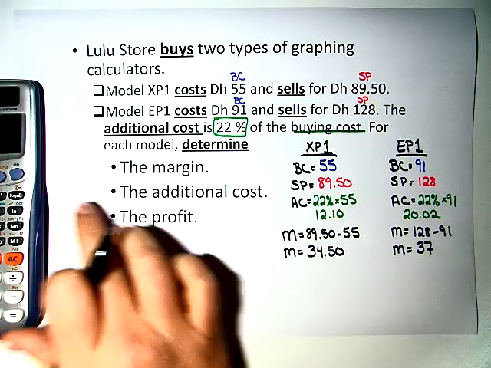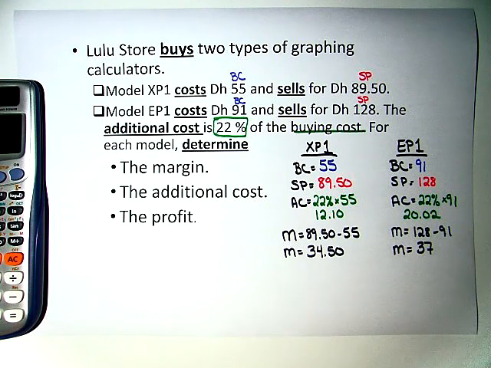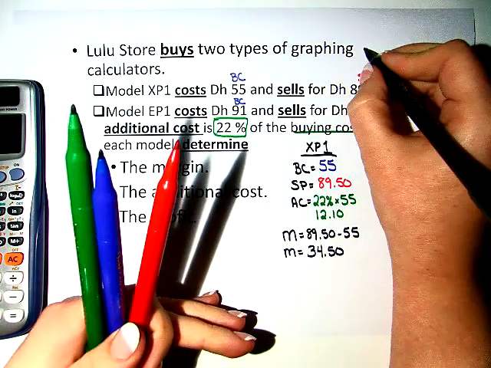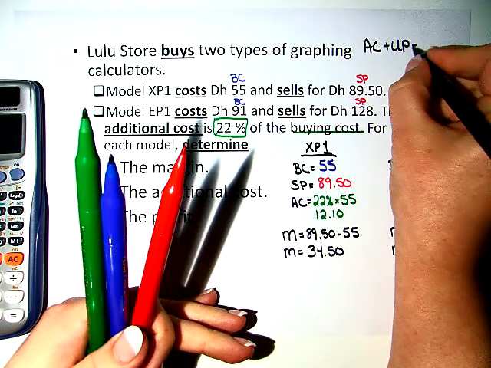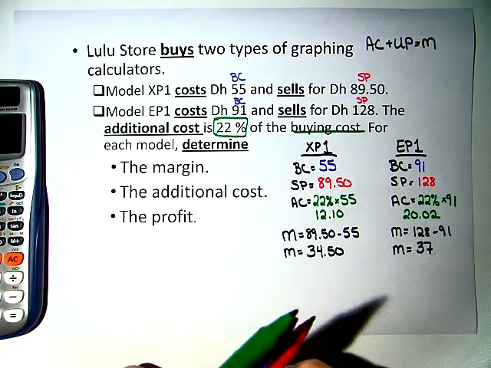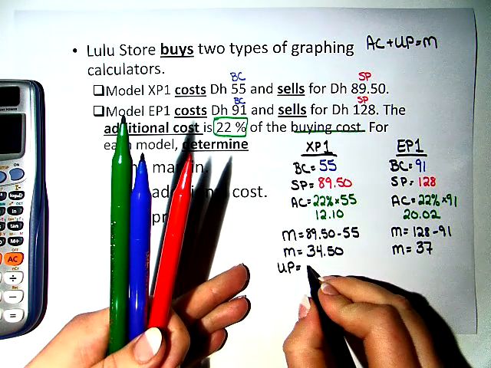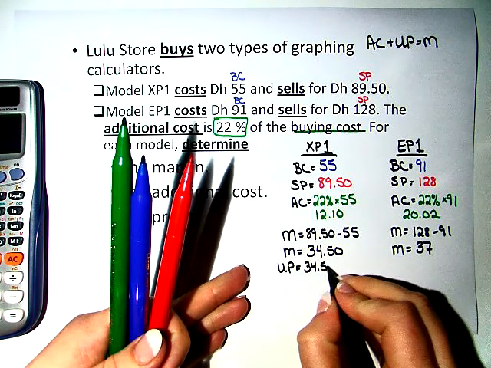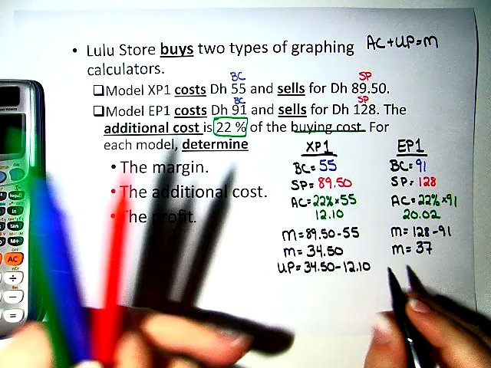Okay, additional cost we already found in our calculations. So in order to figure out the profit, the margin is made up of the additional costs plus the unit profit. So therefore, we just subtract the two to find the unit profit. So the unit profit is 34.50 minus my additional cost, which is 12.10.